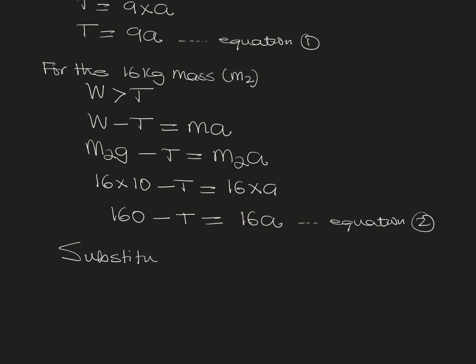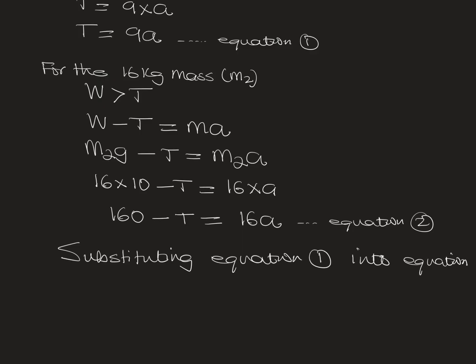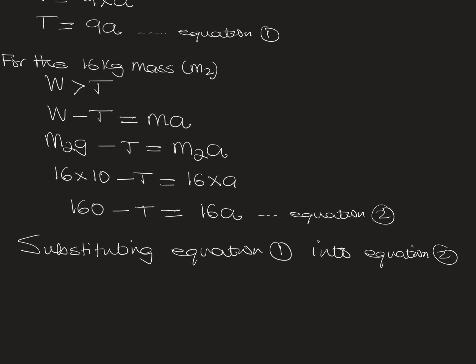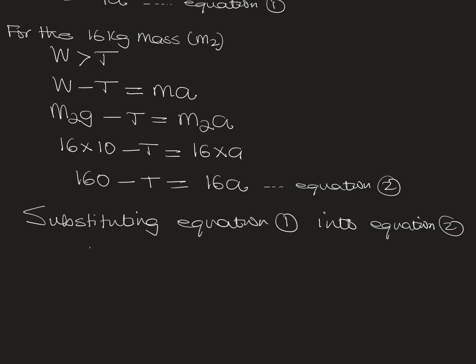So what we can do here is to substitute equation 1 into equation 2. Equation 2 is 160 minus T is equal to 16A. Then we have 160 minus T, which is 9A from equation 1, is equal to 16A.